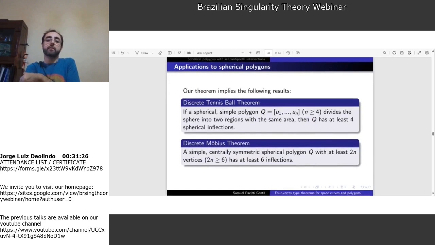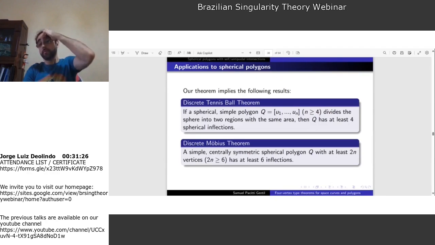Okay, and this theorem has some applications to other spherical polygons. Here we have a discrete version of the famous tennis ball theorem, which was dubbed in this way by the Russian mathematician Arnold. If a spherical and simple polygon Q divides the sphere into 2 regions with the same area, then Q has at least 4 spherical inflections.